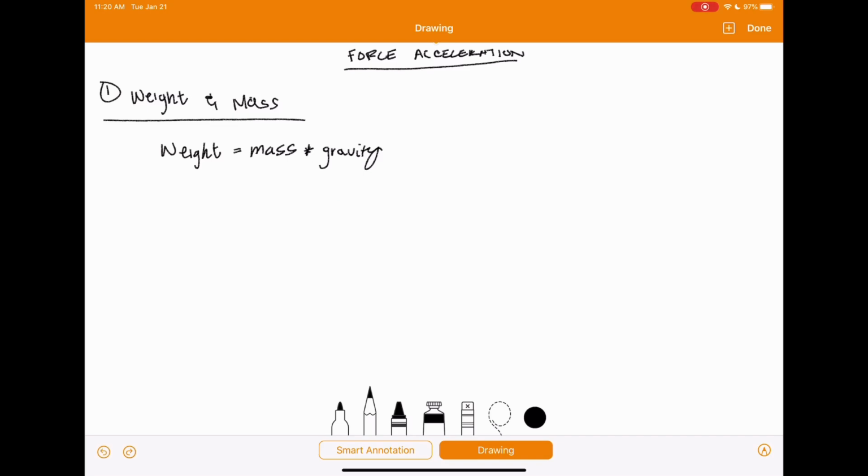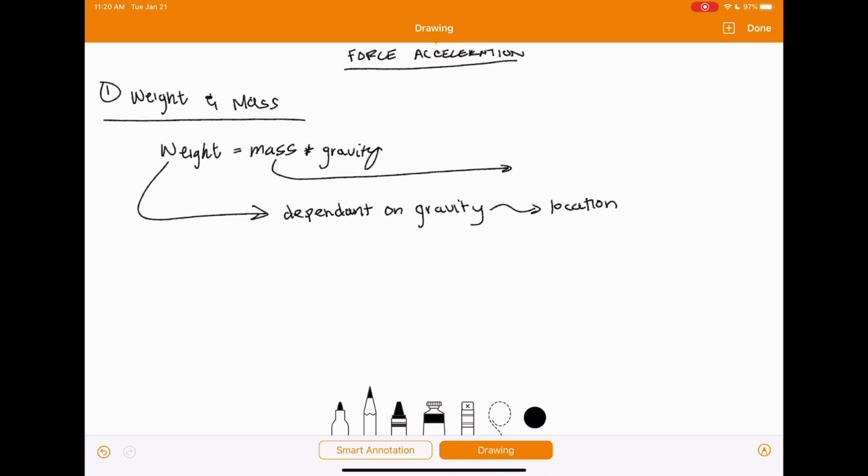So obviously if you're on Earth, you're going to weigh more than if you were on the moon. And so your weight is actually dependent on gravity, or dependent on your location, whereas your mass is always constant.